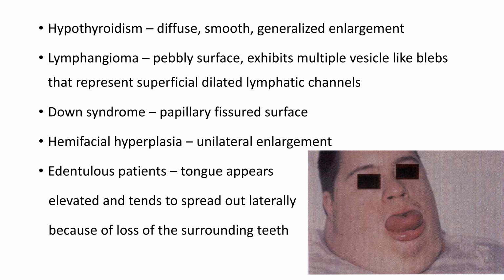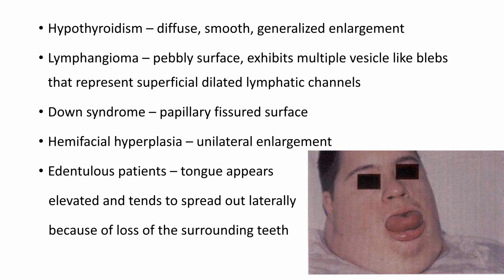Different patients show different features of macroglossia. For example, in a patient with hypothyroidism, the tongue usually shows a diffuse, smooth and generalized enlargement. In a patient with lymphangioma, the tongue surface is pebbly and exhibits multiple vesicle-like blebs that represent superficial dilated lymphatic channels.